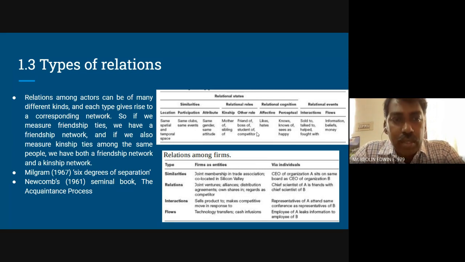In this tabular column, it shows many similarities. Some parameters are given for measuring these relational states. Location, like some can be located in the same place, some in other places, and their level of participation. Some may participate in clubs, so based on participation they will also be related. Sometimes people may be in good contact with you, but they are not relations, yet you'll be in strong ties.